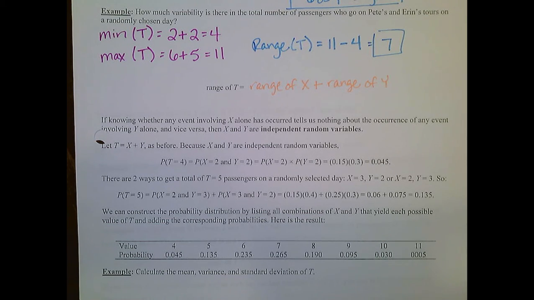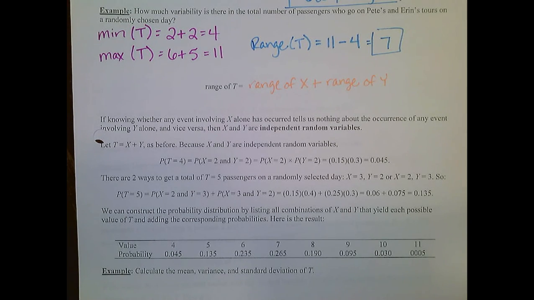And that's what we said independence was. We can apply this idea to random variables too. If knowing whether any event involving X alone has occurred tells us nothing about the occurrence of any event involving Y alone, or vice versa, then we say that X and Y are independent random variables. So again, the same idea of independence carries over here.